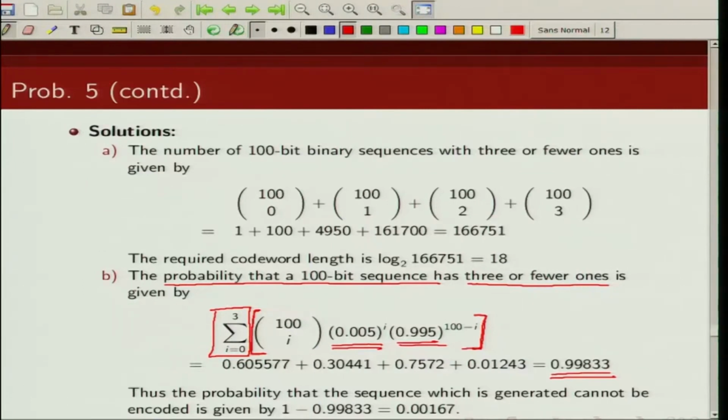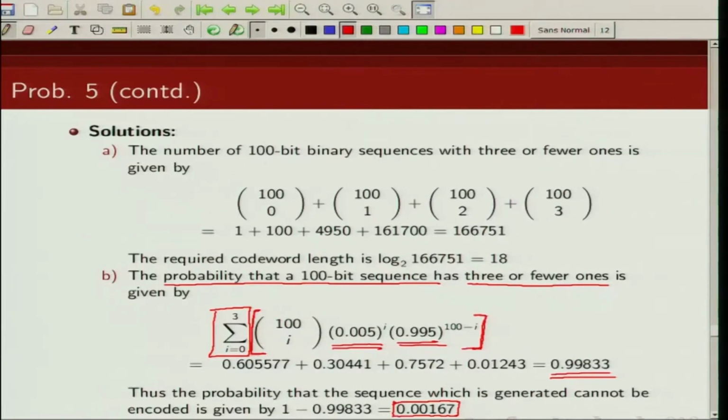So in other words, the probability that we are not going to assign any code word to a sequence of these 100 bits is given by 1 minus this, and this probability comes out to be 0.00167. So this is roughly on the order of 10 to the minus 3. That's the probability that we are not going to assign a code word to a 100-bit sequence.